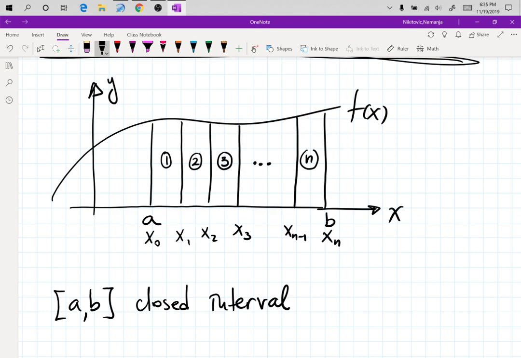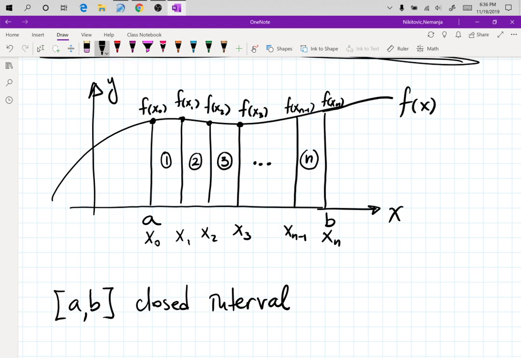Now, depending whether you are using left or right sums, you are going to calculate f of x0, f of x1, f of x2, because that gives you heights, f of x3, and f of xn minus 1, f of xn as the last point there.